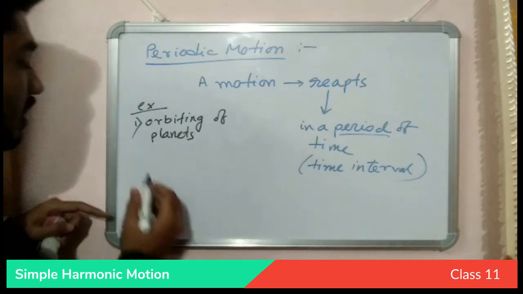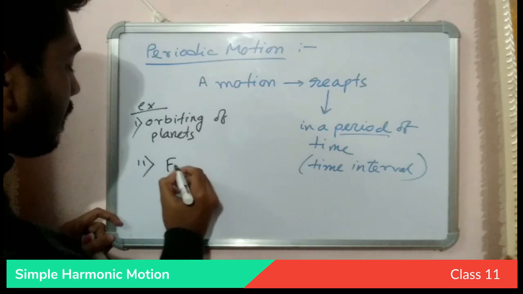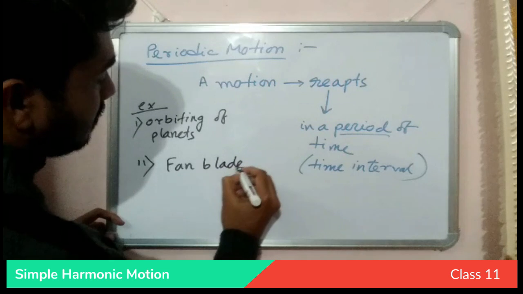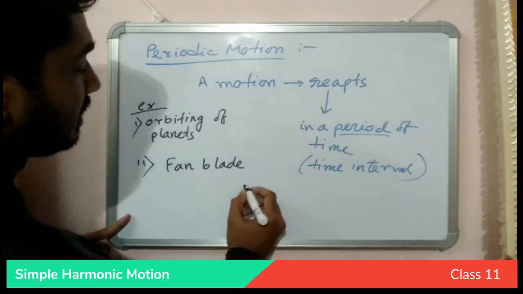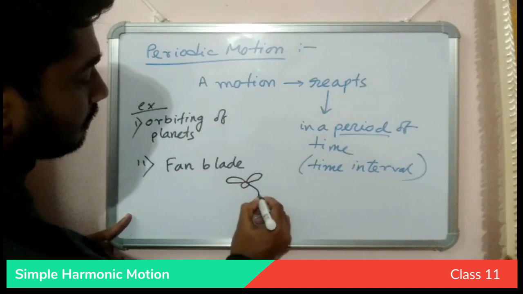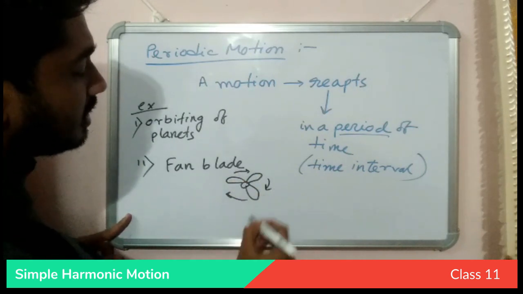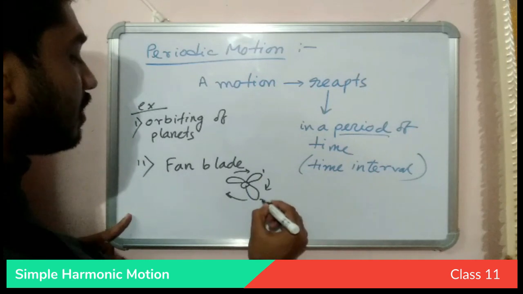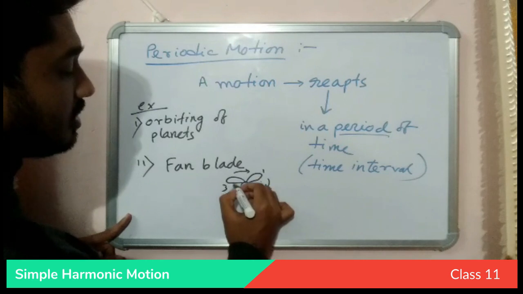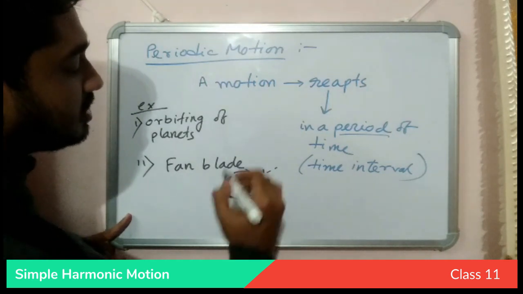In summer you can observe the blades of a fan. That is also repeating in some particular time. If it is moving like this, blade number 1, number 2, number 3, after some time this will travel and will meet again at this position.